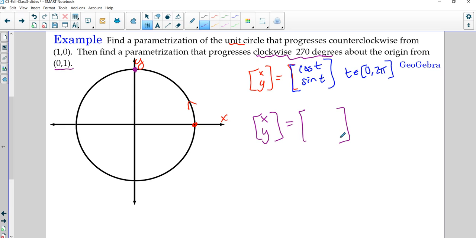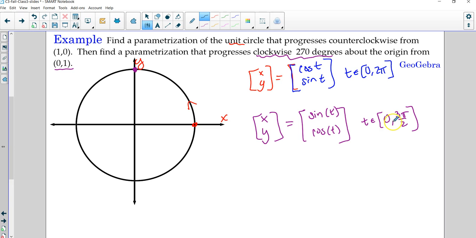All right, and maybe you found it, maybe you didn't. Here's what I claim is the answer: sine of t, cosine of t, where t ranges from 0 to 3 pi over 2. What you can do to check this is test some values. When t is 0, this is at 0, 1, which is the point that we want.